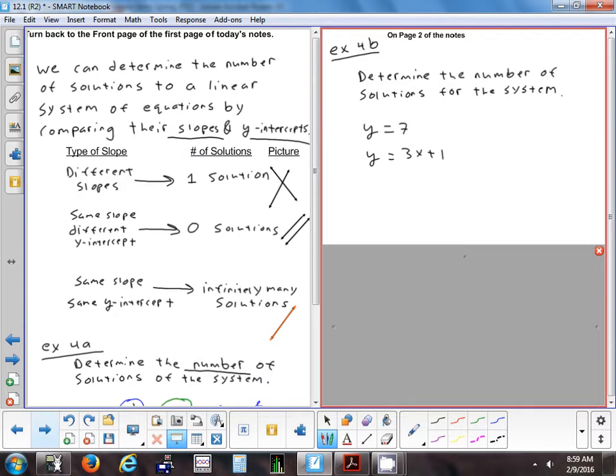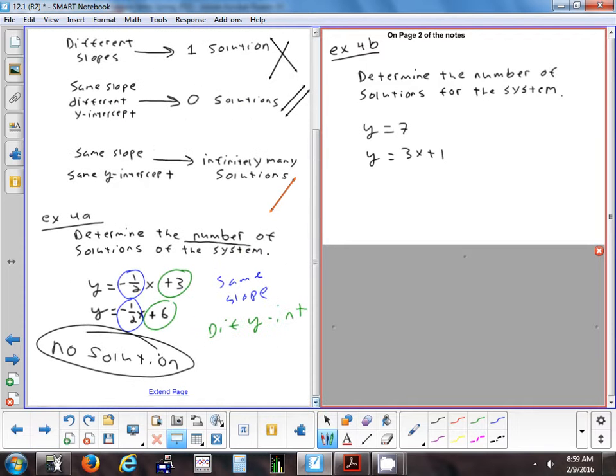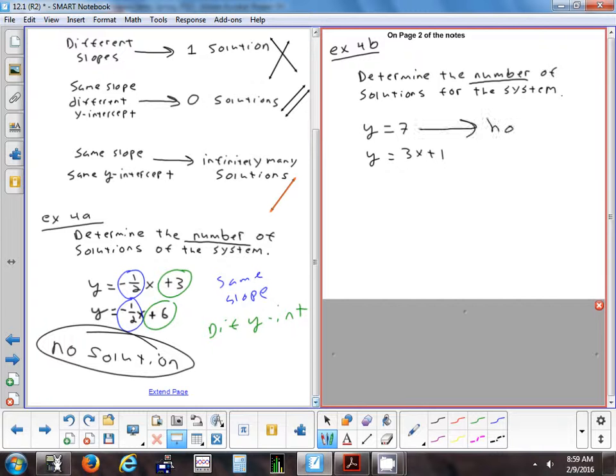All right, I think we have another one of those. Again, just determine the number. Okay, this one is a special case. y equals 7. That's a horizontal line. Okay.